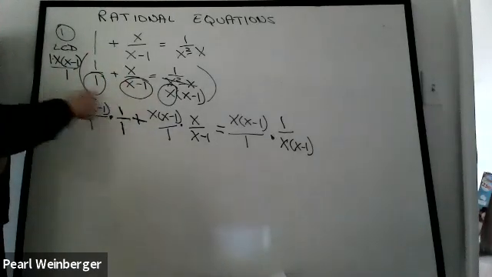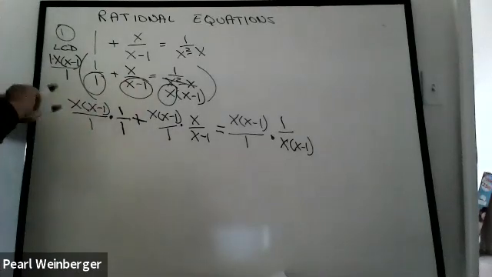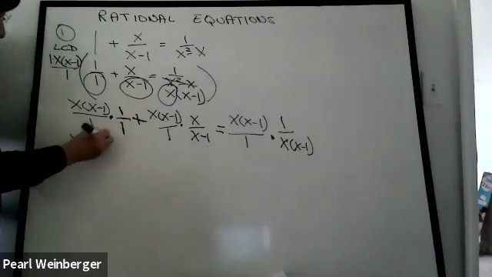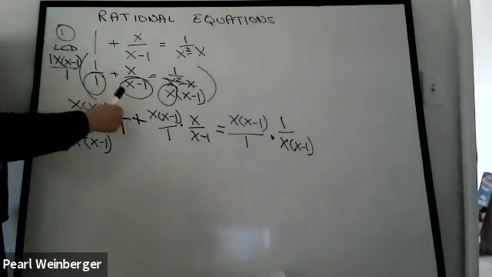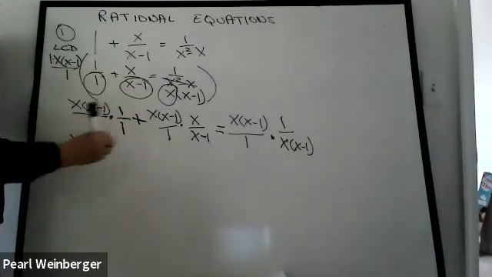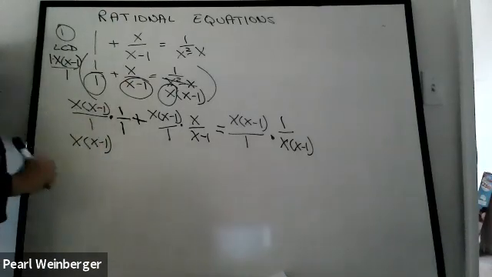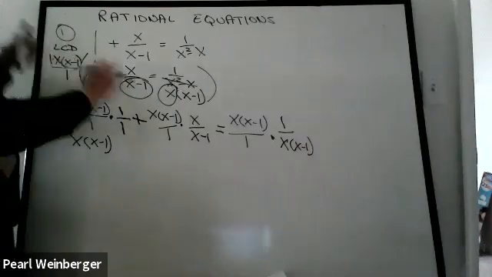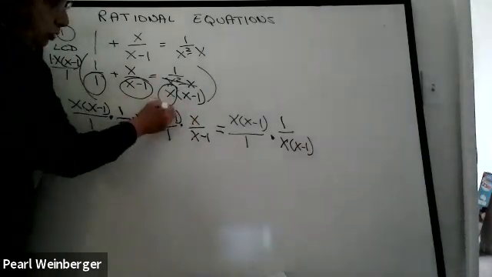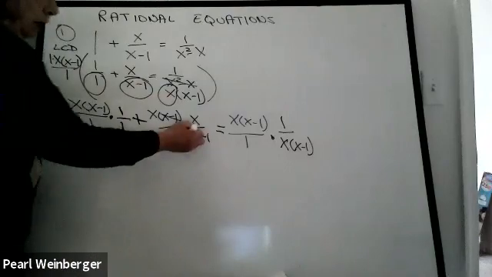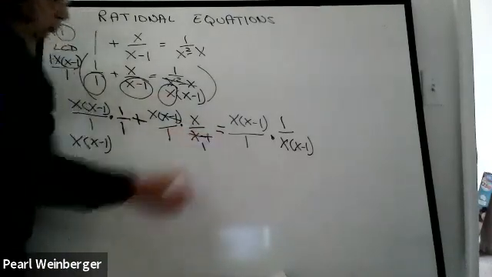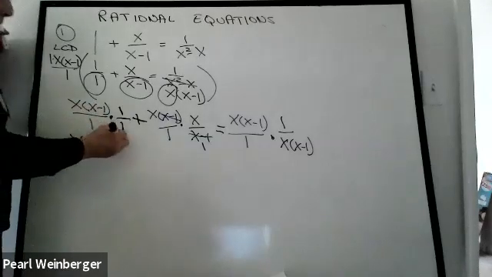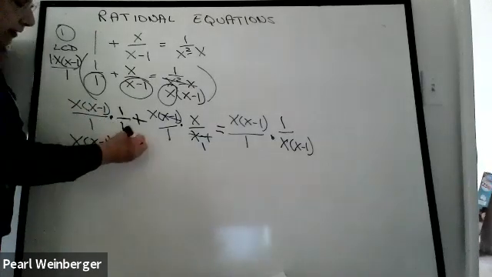Now, here, there's nothing to cancel out, so all I'm left with is my x times x minus 1 times 1, so it just remains x times x minus 1. Over here, the x minus 1 in this numerator cancels out with the x minus 1 in the denominator. And all I'm left with is x times x.